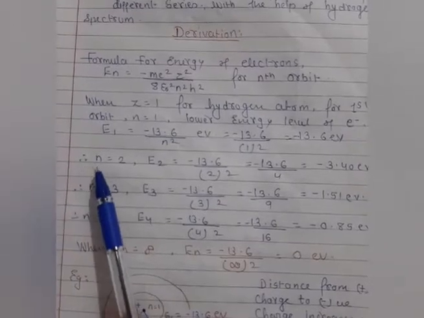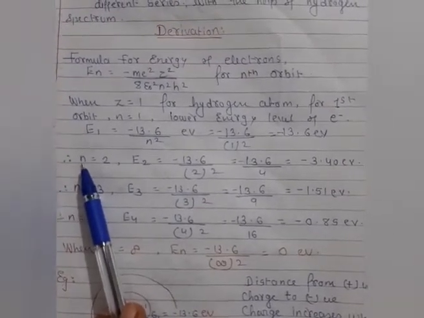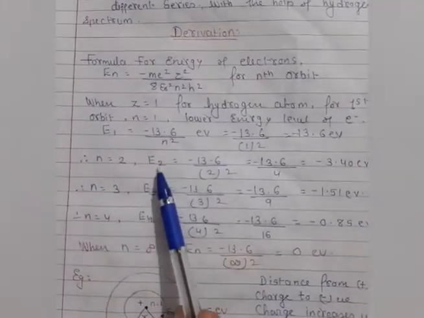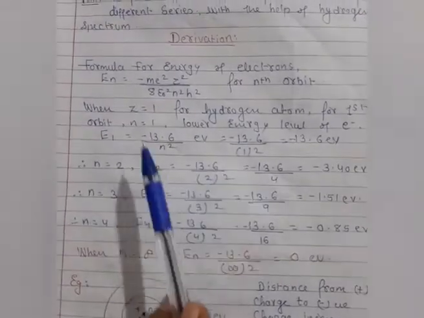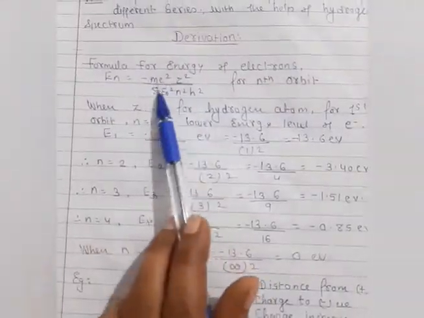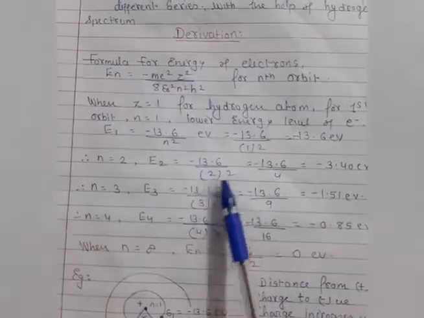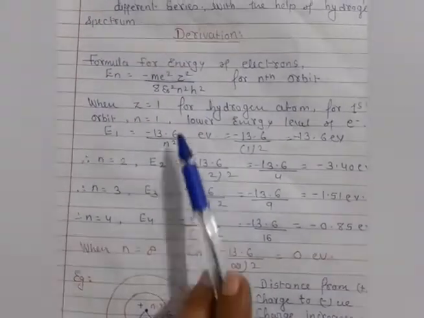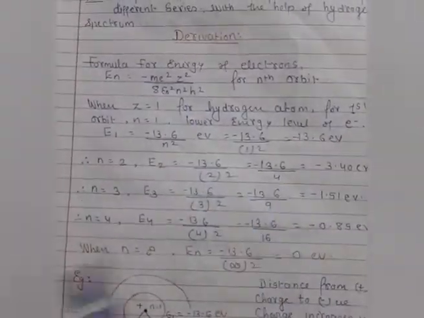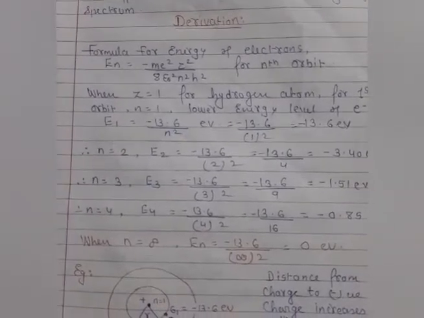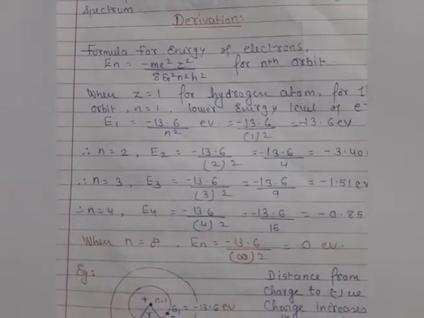If we have the second orbit, how do we find its energy? E2 is minus 13.6, because from all this calculation we get 13.6, and the value of n is 2. So 2 square, because here n square, 2 square is 4. After cancelling this term, we get minus 3.40 electron volt.